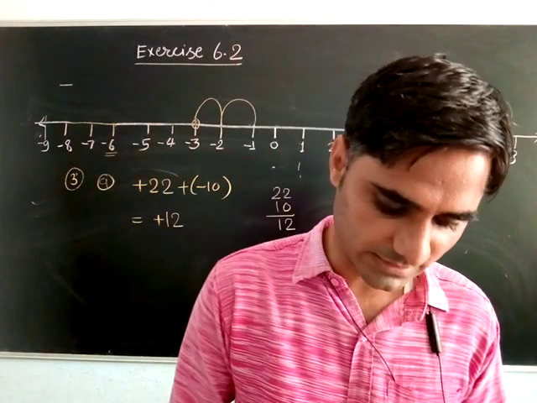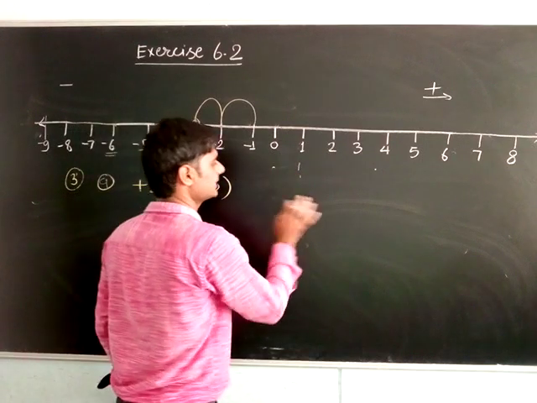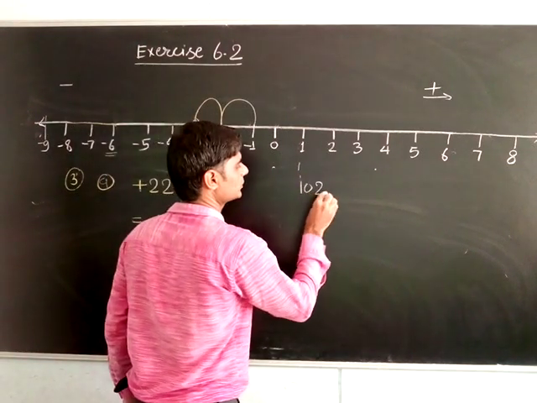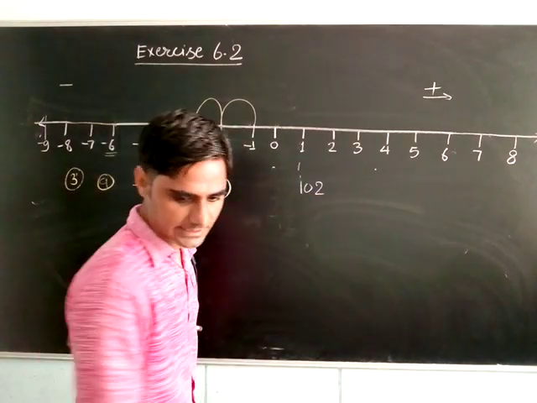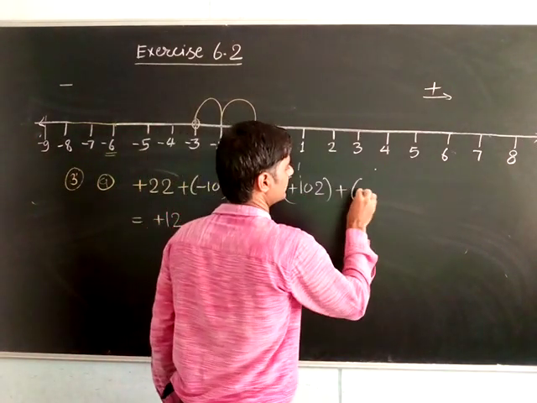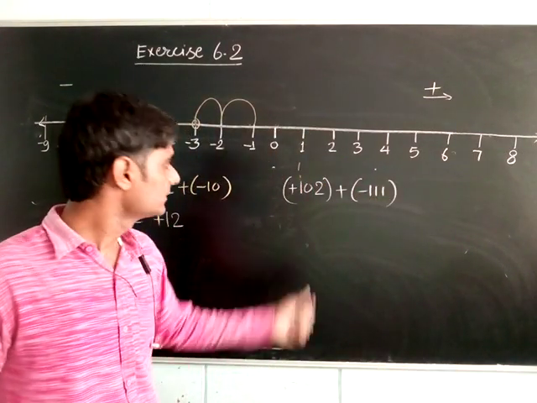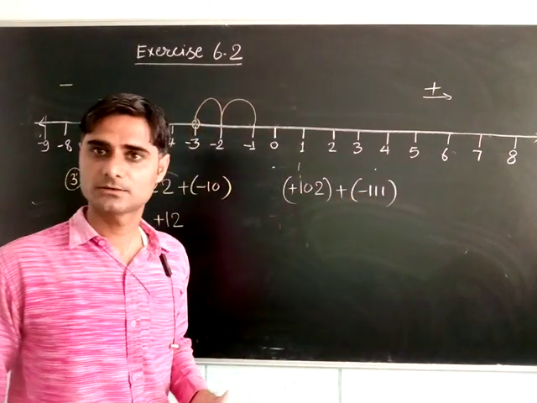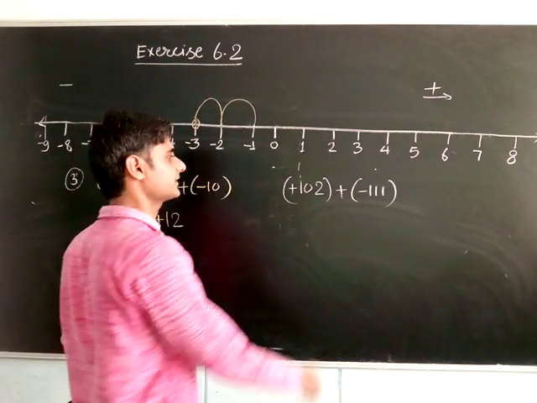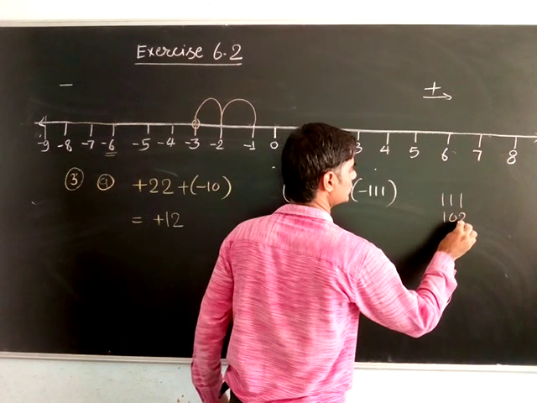See the last one, D: 102 and 111. Right? Last one here, 102 and then minus 111. Different sign. What to do? We have to subtract. So here 111 minus 102.